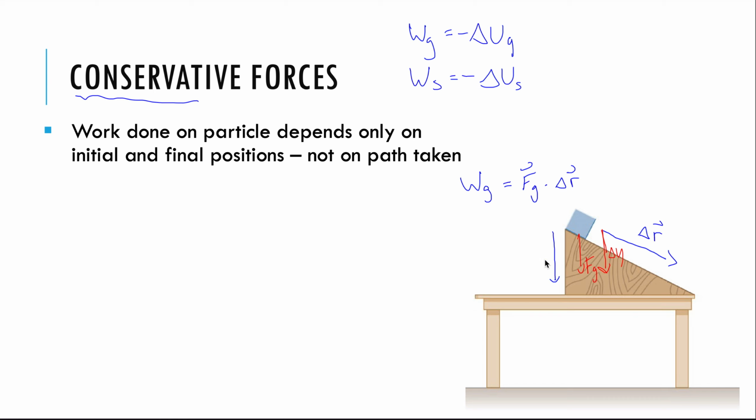While over here, if you find the box going straight down, it also has the same delta y. So no matter what path you take, gravity does the same work because it's always finding that vertical displacement.